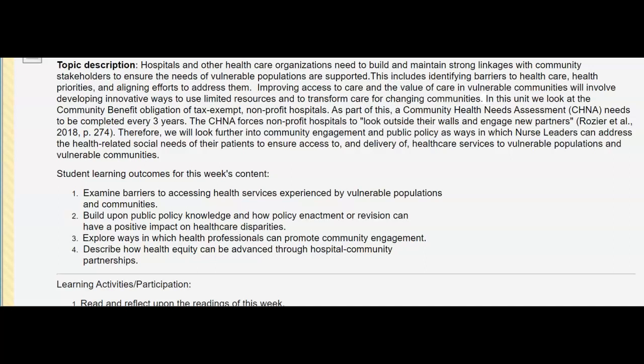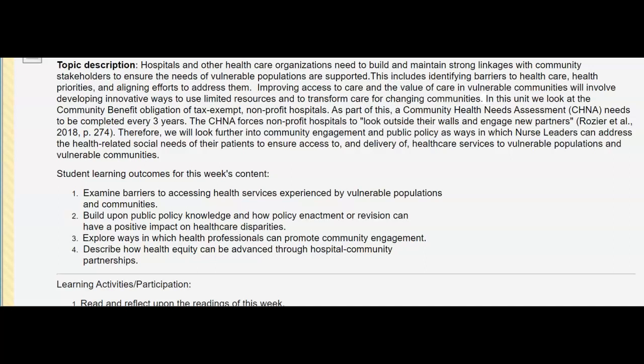And so we start by looking at the need to build strong community relationships and to help communities to develop innovative ways to use what we always have, limited resources, to transform care for changing communities. We're going to focus on the community benefit.